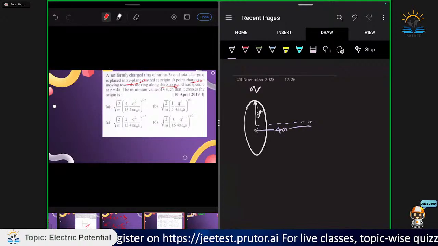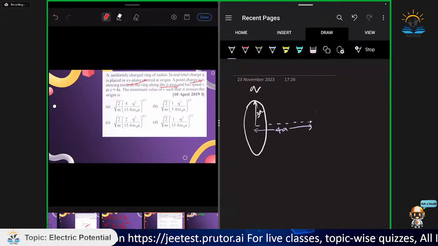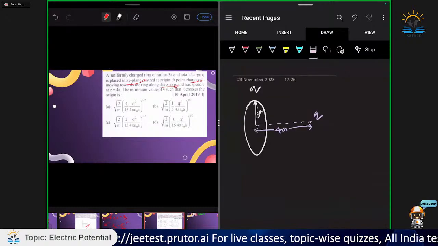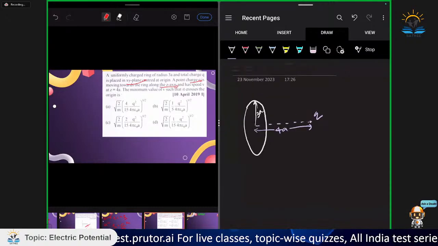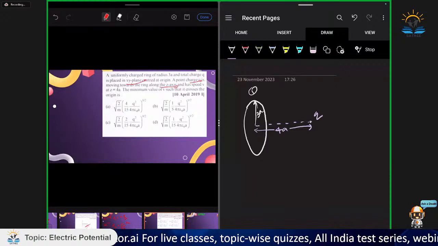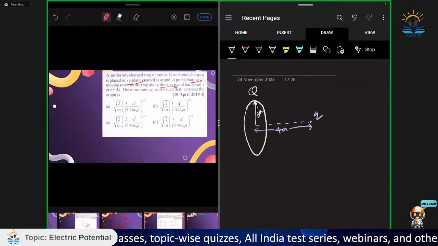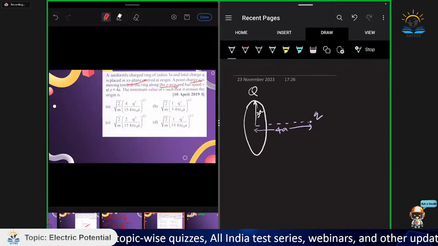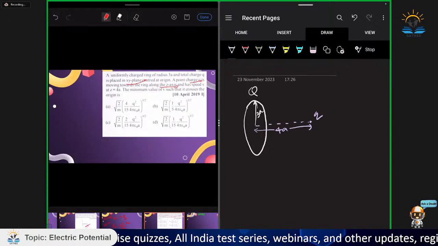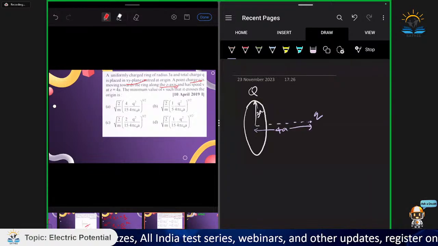This is 4a distance, so the point charge q is here. The charge of the ring is capital Q and the point charge is small q. The minimum value of v such that it crosses the origin, so this q should cross the origin.